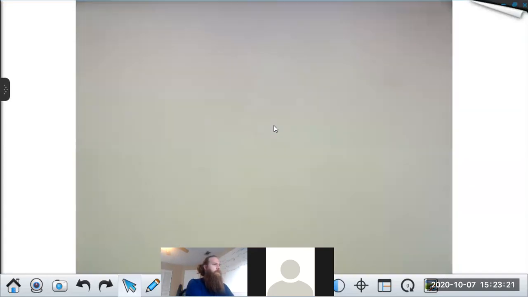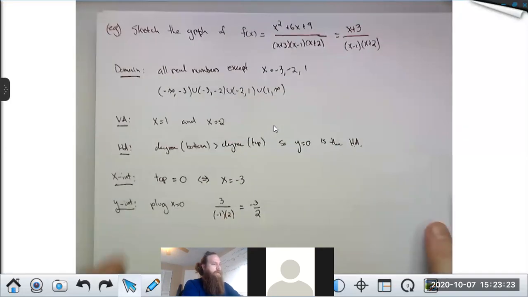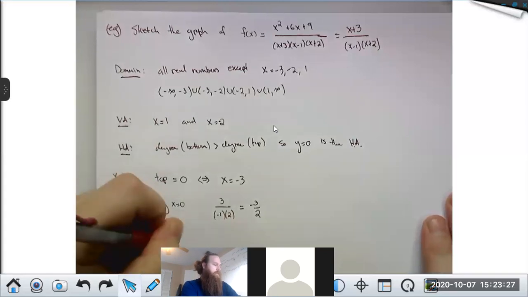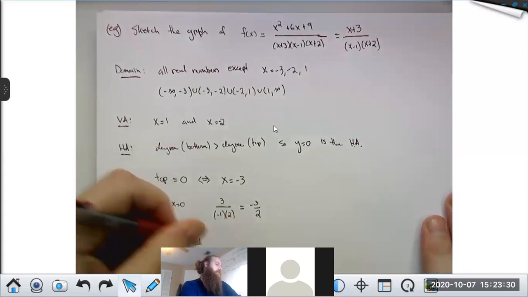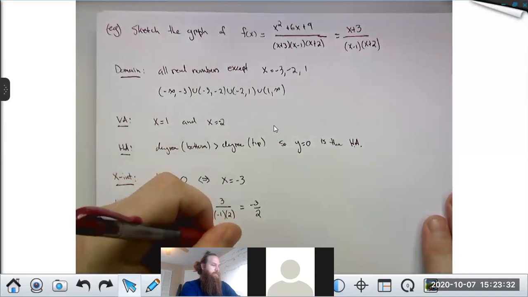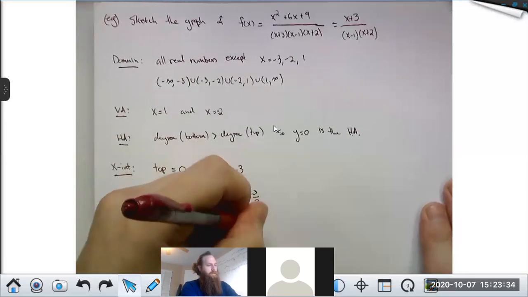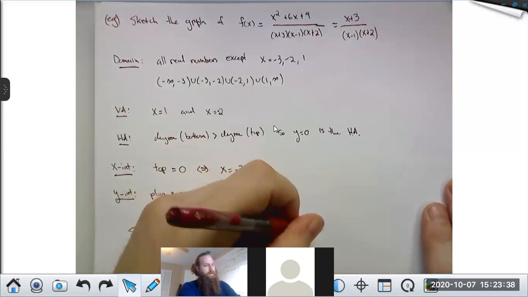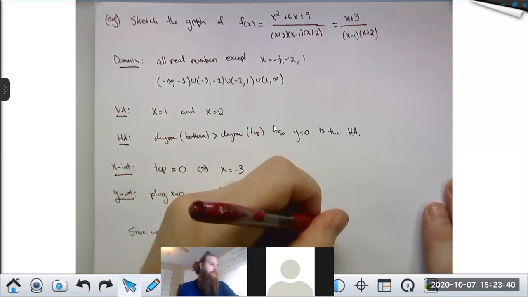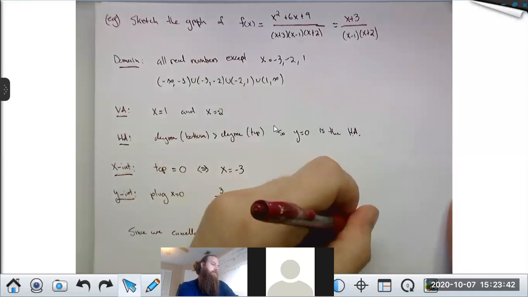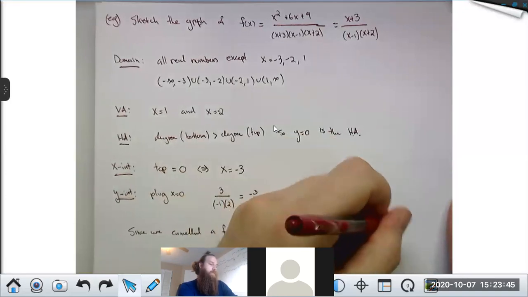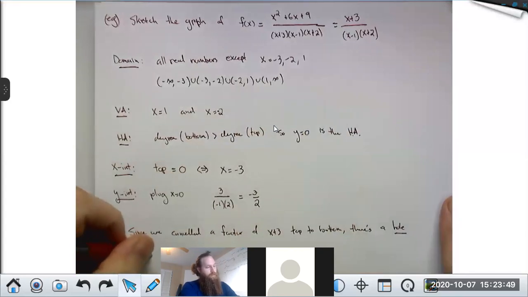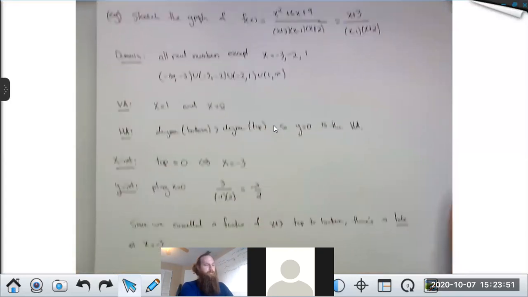The only other thing I would want to comment on is, since we canceled a factor of x plus 3, top to bottom, there's a hole at x equals negative 3.